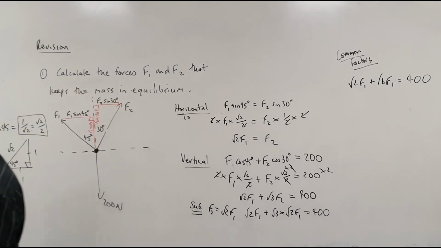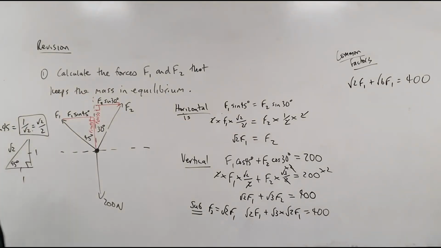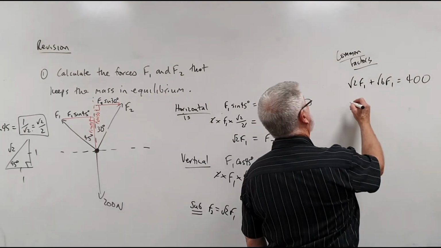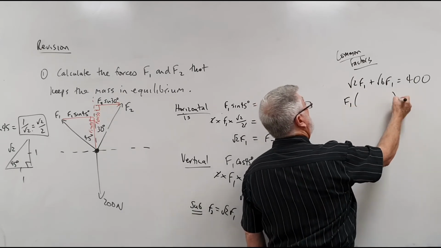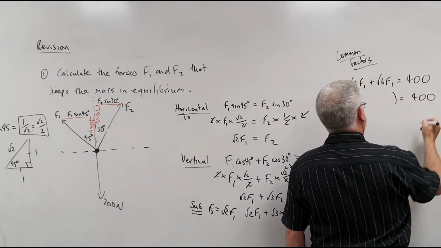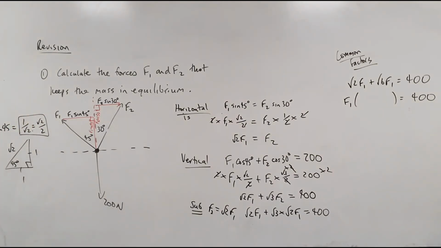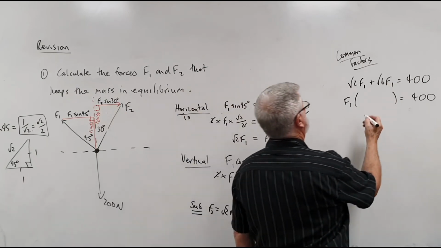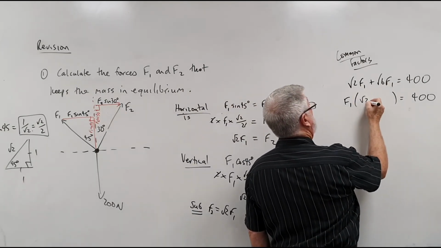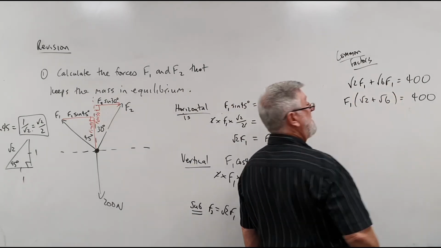Wouldn't we go root 2 is a common factor and F1 is a common factor? No, just the F1. It's logical to think about that, but we don't actually need it out there, we only need the F1 out there. I love it, Jake, that's a great suggestion, mate. So that's a root 2 plus a root 6.